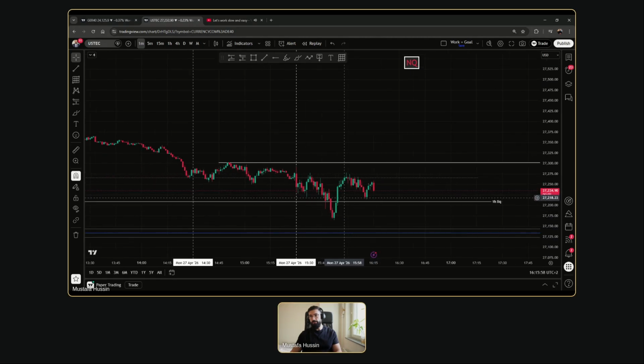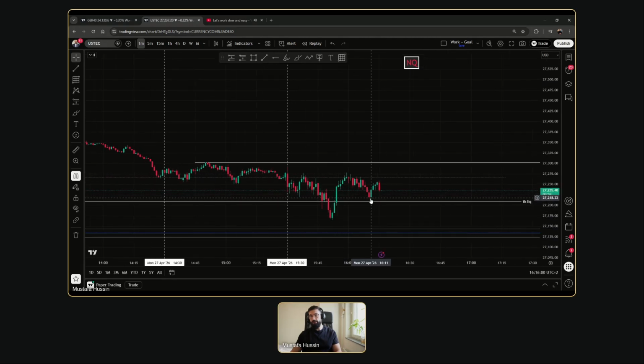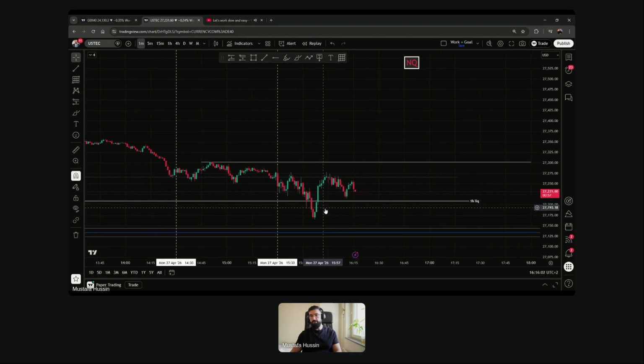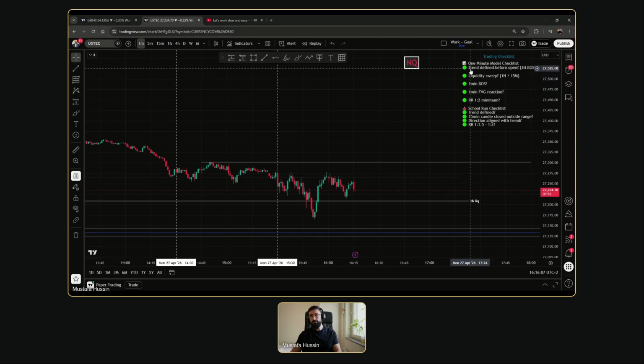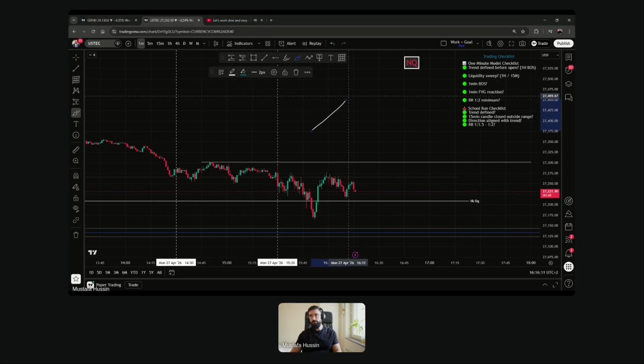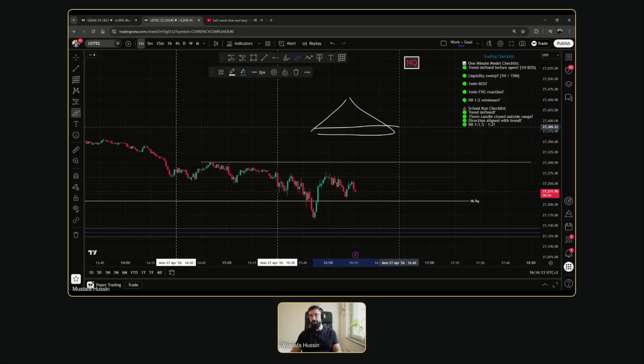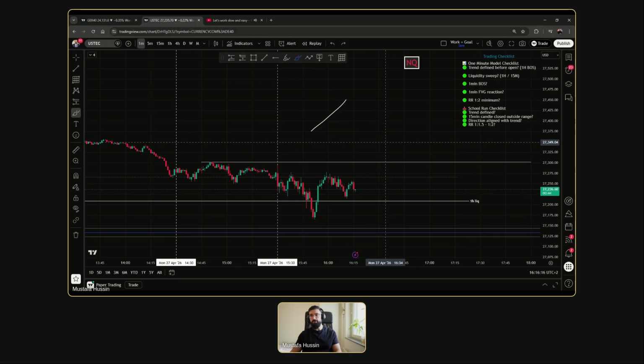NQ took out the fair value gap, and it gave it a reaction. But still, let me just checklist. Trend defined before open. This is the main one. If we're using it as a triangle, this is the base of it, which is the trend.